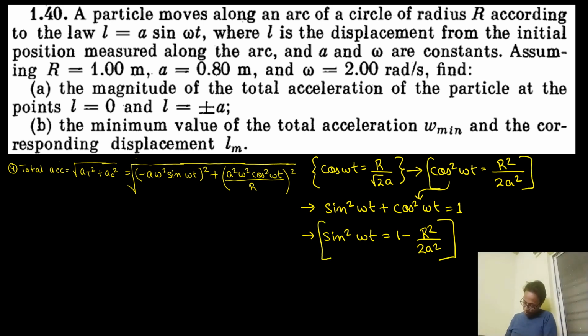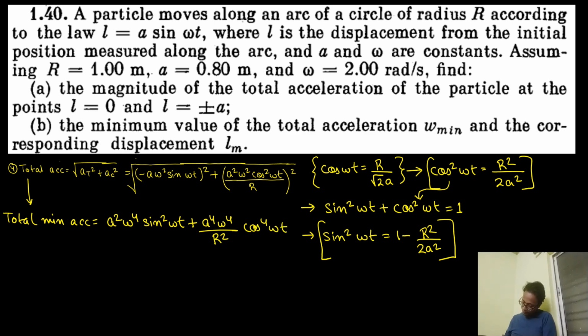And the value of total minimum acceleration is nothing but under root, a square omega to the power 4 sine square omega t plus a to the power 4 omega to the power 4 divided by r square cos to the power 4 omega t. I substitute the value of cos square omega t as r square by 2a square.